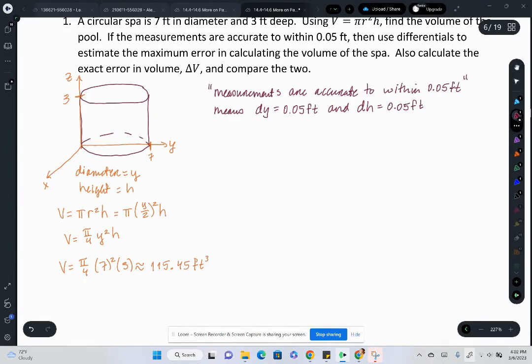So there's this possibility that there's accuracy only to 0.05 feet. Okay, these are the errors.